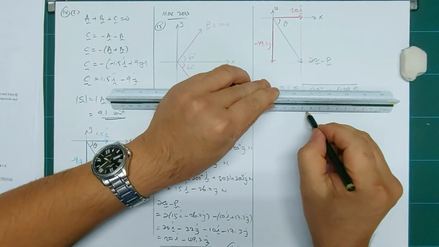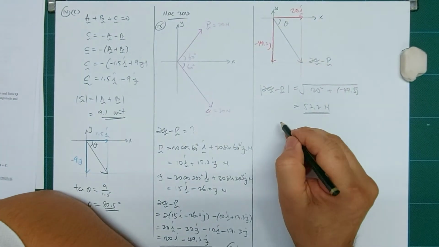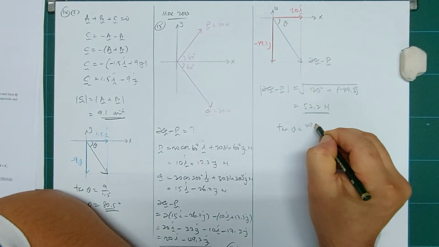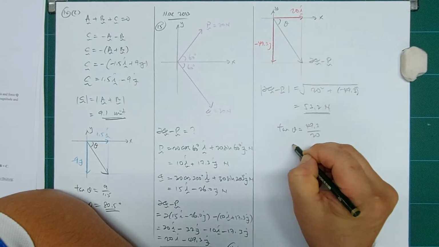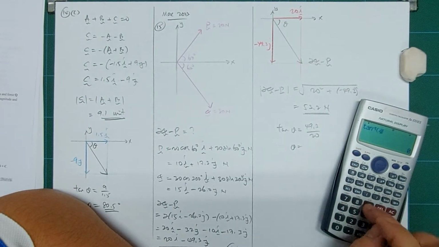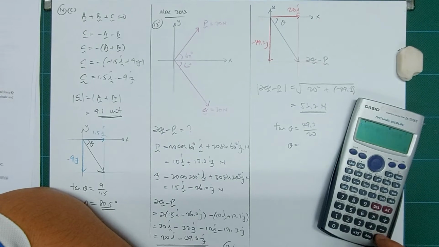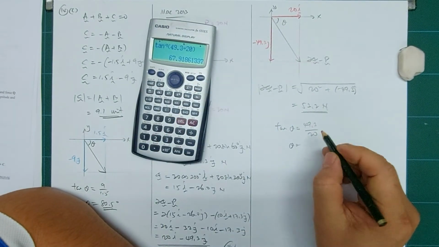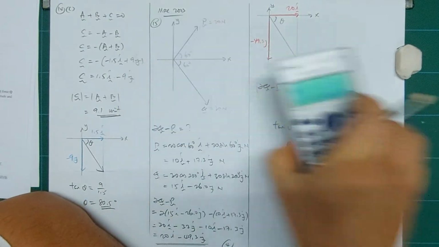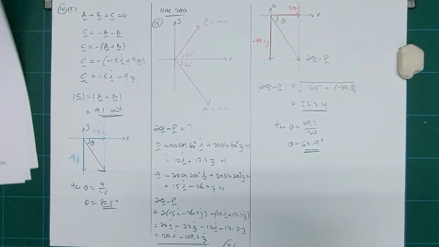Then we calculate the theta. Tangent theta is equal to 49.3 over 20. So our theta will be arctangent 49.3 divided by 20. Answer is 67.9 degree. So that is our answer for 2q minus p.